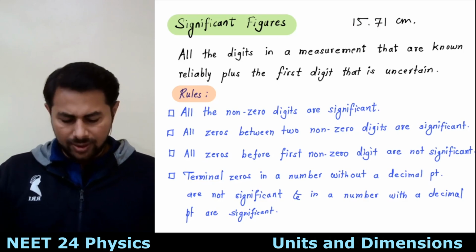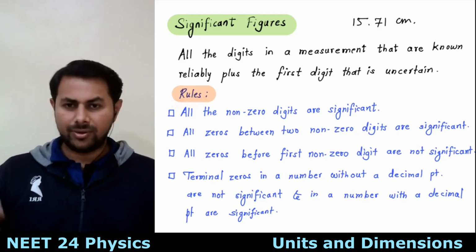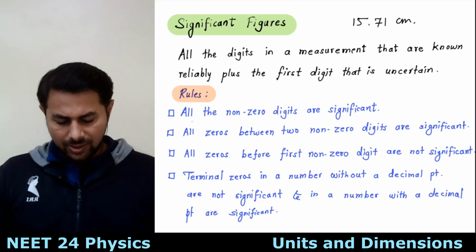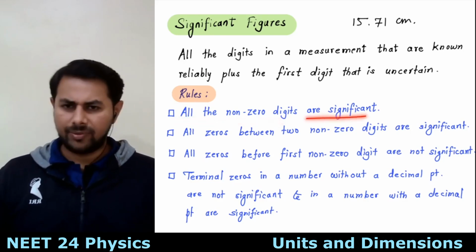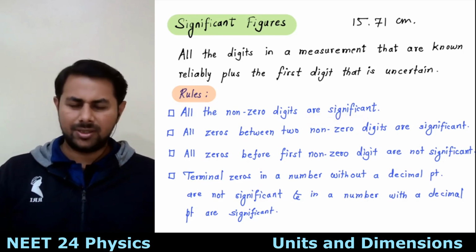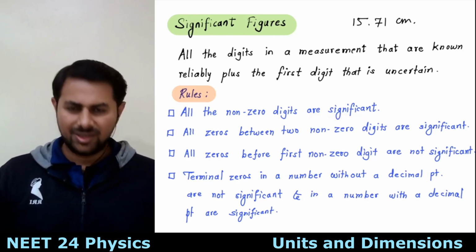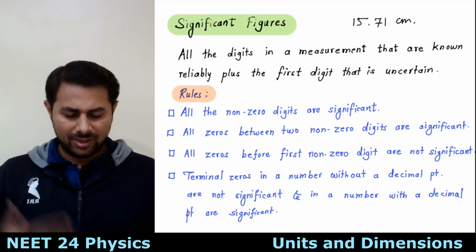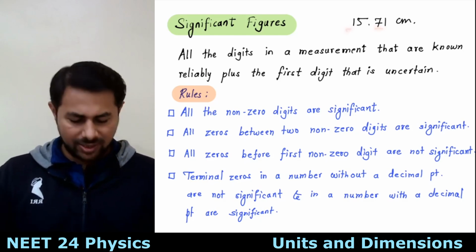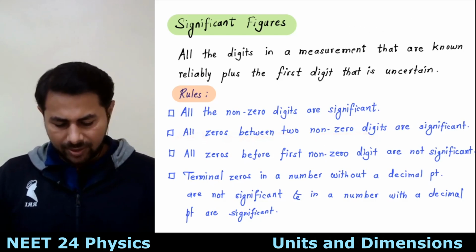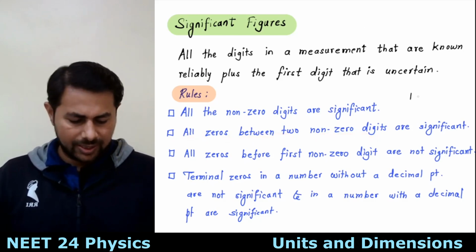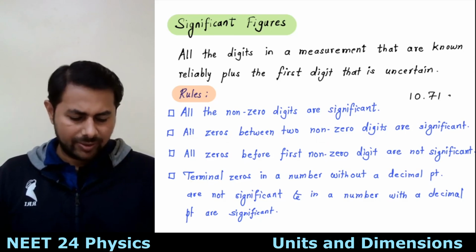Okay, good. So there are certain rules to find out the significant figures. All the non-zero digits are significant. If you write a measurement, every non-zero digit is significant. All zeros between two non-zero digits are significant. For example, in place of 15.71, I write 10.71 centimeters.